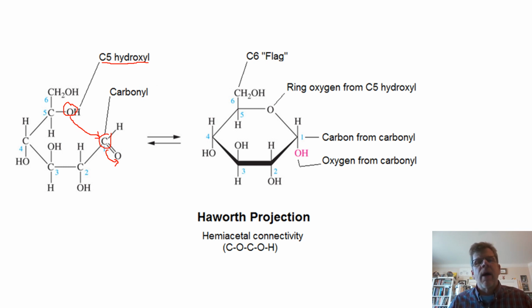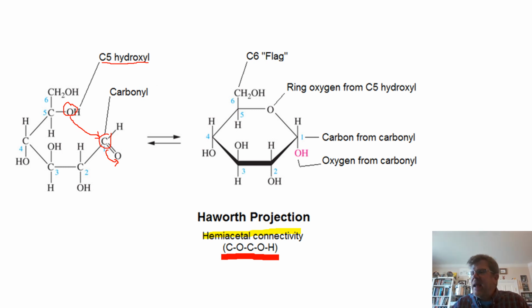If we follow my trace here on this right-hand molecule, this Haworth projection of a monosaccharide, notice I'm going to trace out COCOH. If you remember, that was a hemiacetal connectivity, COCOH.